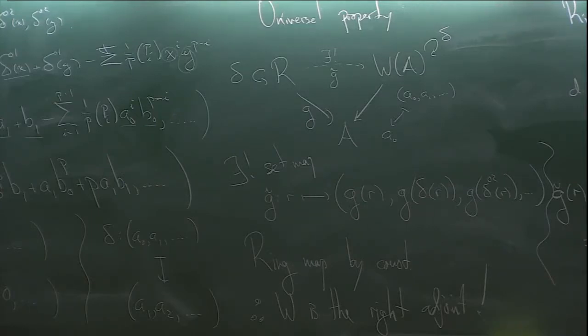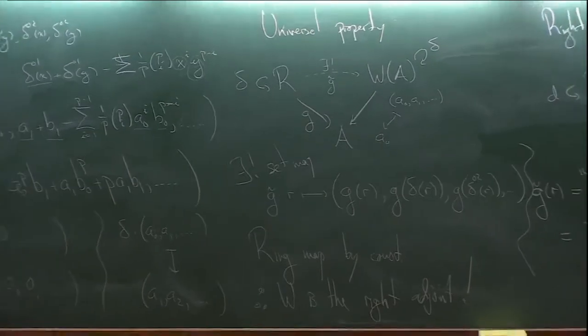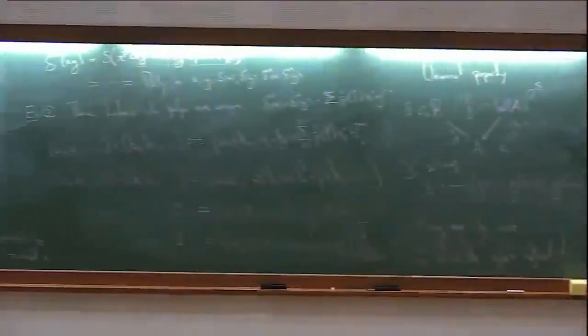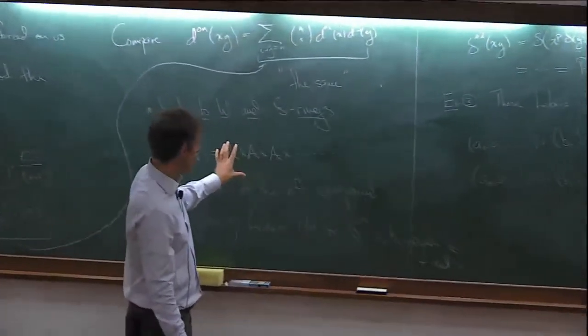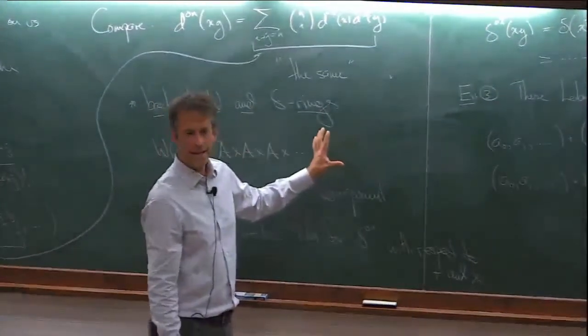And their construction also gives an exotic arithmetic ring structure on this infinite product. But it's a different one. The first 2 components are the same, but they differ after that. So there's a canonical isomorphism between our W of A and the traditional W of A, but it's not the identity.